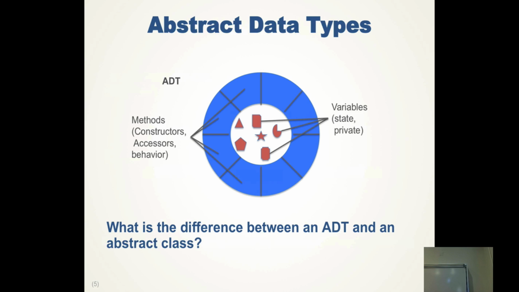You cannot instantiate an abstract class. Abstract data types, like the list, or the array list, or the linked list, can be constructed. You can actually create an instance of it. But the abstract data type is the concept of a list, or we'll get to stacks shortly, and queues and stuff. So it's a way of storing or holding or manipulating data. They both have the same word abstract, but they're not the same thing.